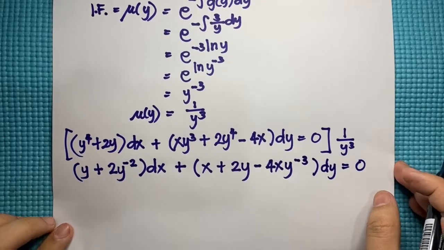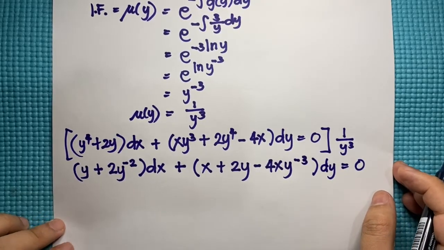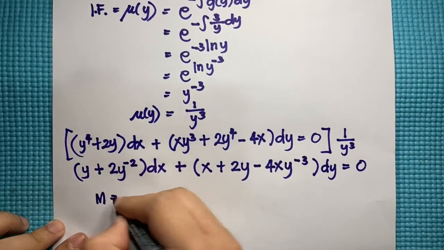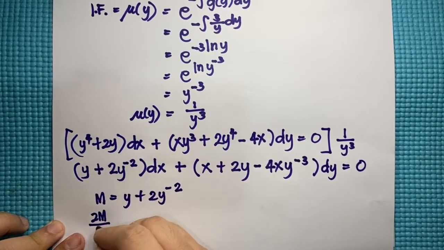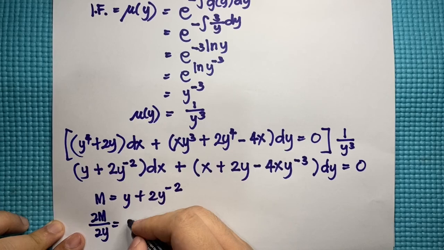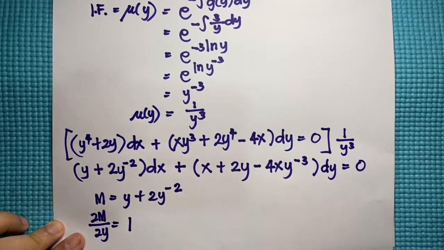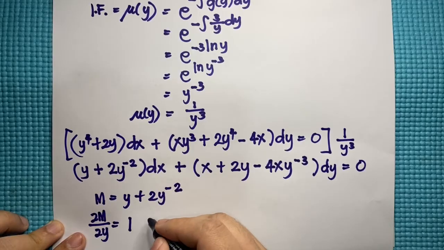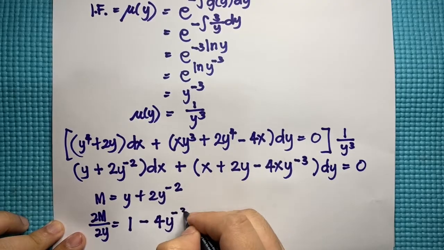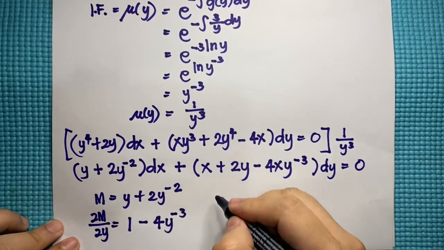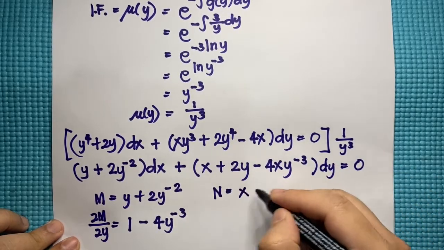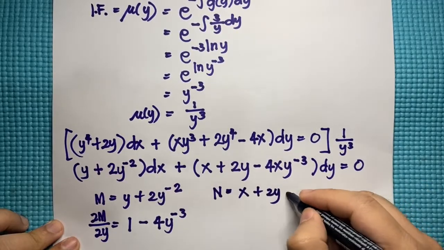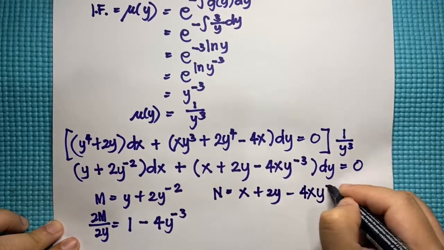So let's verify if it is exact this time around. Our m is equal to y plus 2y raised to negative 2. The partial derivative with respect to y is 1, and then minus 2 times 2 is 4, y raised to negative 3. On the other hand, n is equal to x plus 2y minus 4xy raised to negative 3.